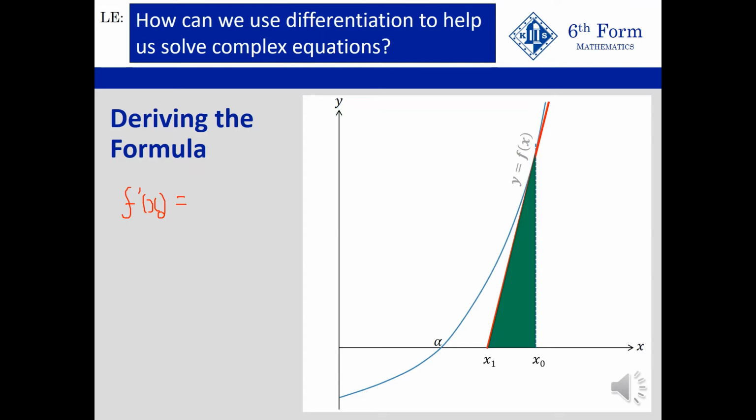The other way we can work out the gradient is doing our usual change in y over change in x. The change in y, the y value at the top up here would just be f of x0, and the y value down here would actually be 0. So this height, change in y going up here, is just going to be f of x0.